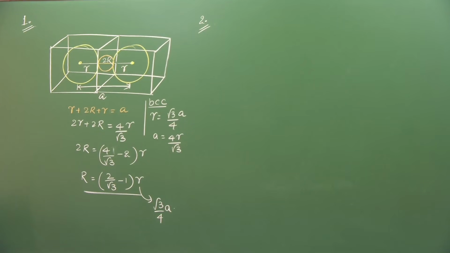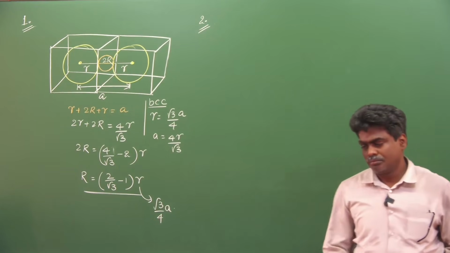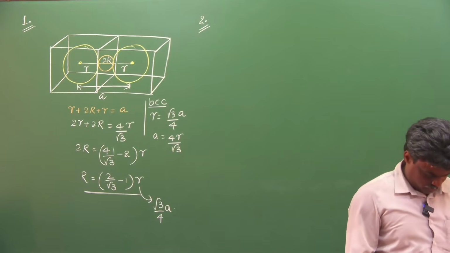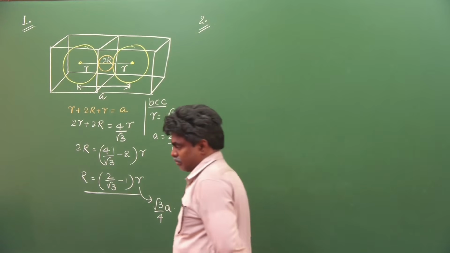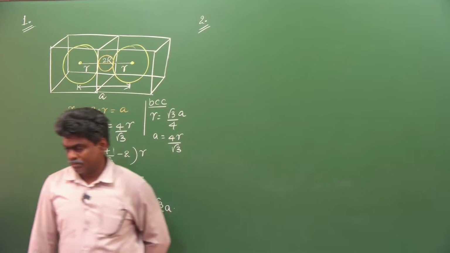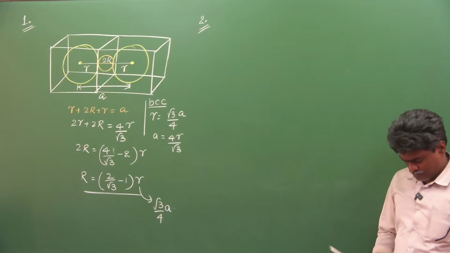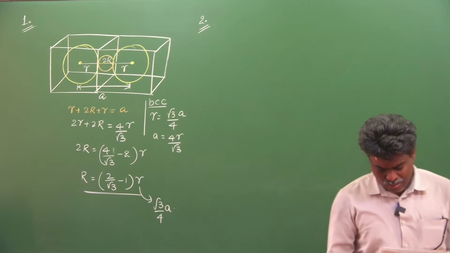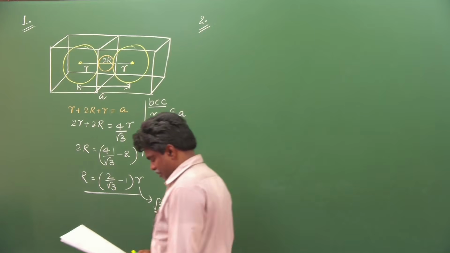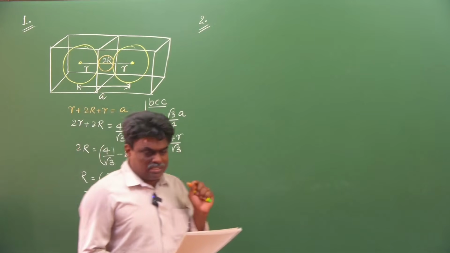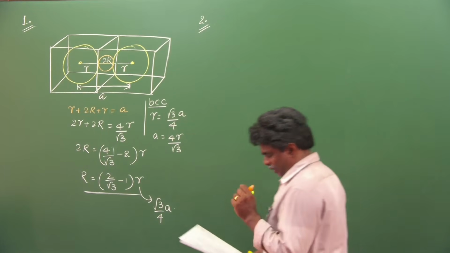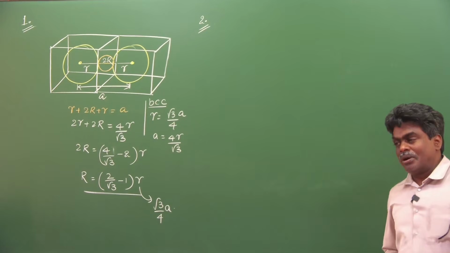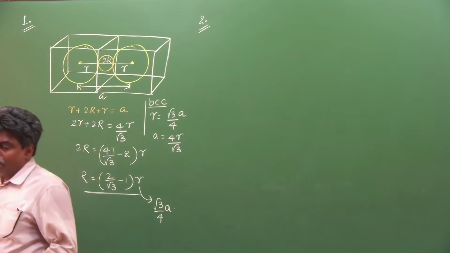Next problem. Ready? Find the maximum radius of the sphere that can just fit into the void at the body center of FCC.